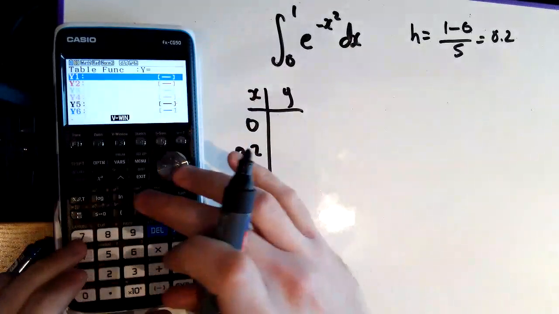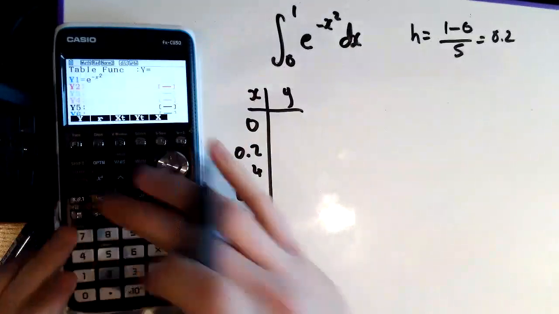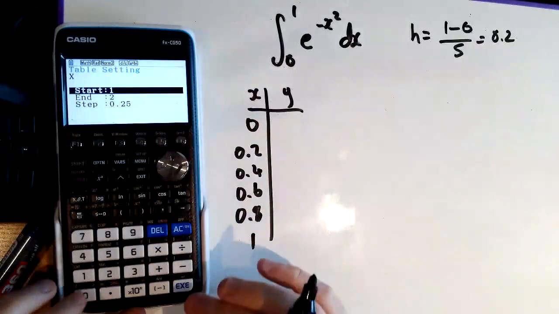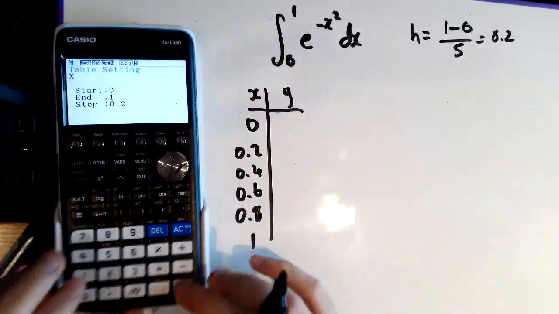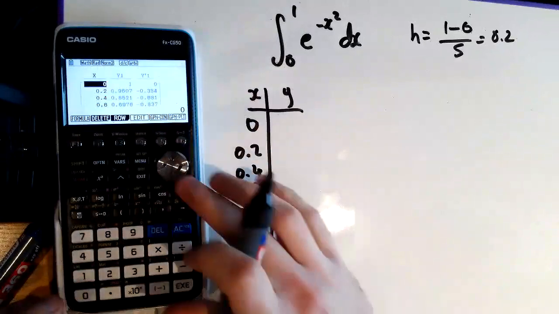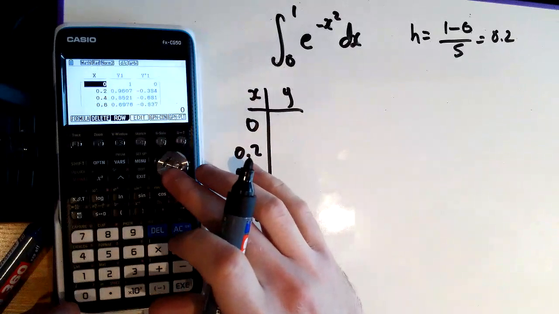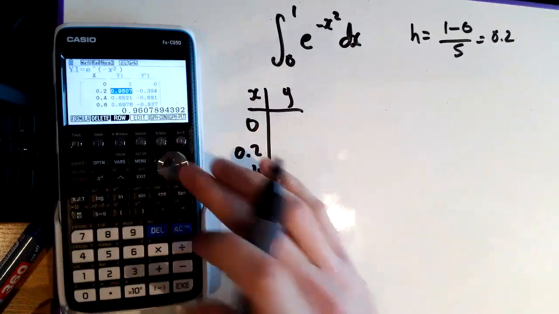So e to the minus x squared. And set the table starting 0, 0.1, 0.2. And it says do 4 decimal places and they're working out.